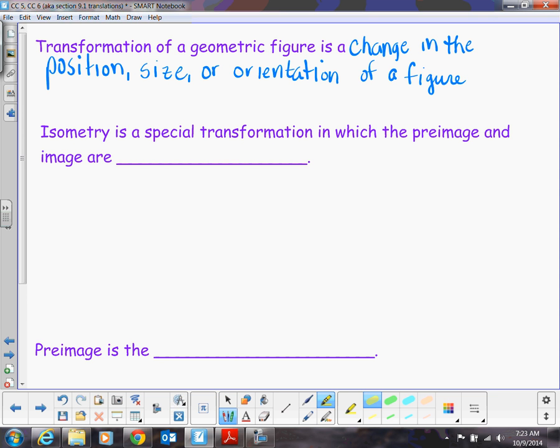Transformation is a change in the position, size, or orientation. It could be and/or of a figure.